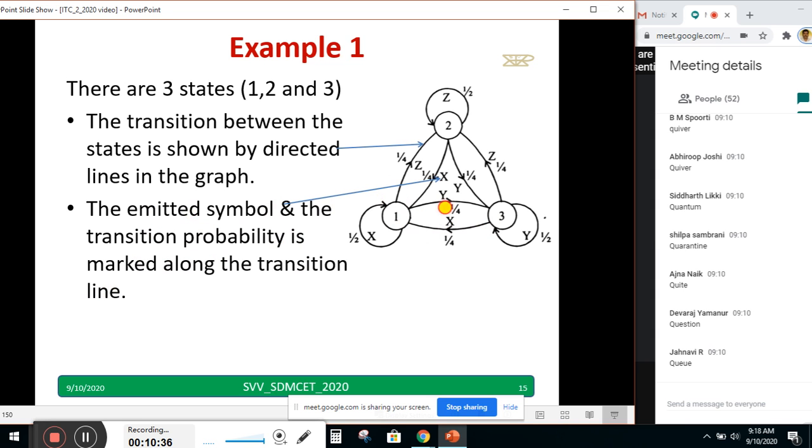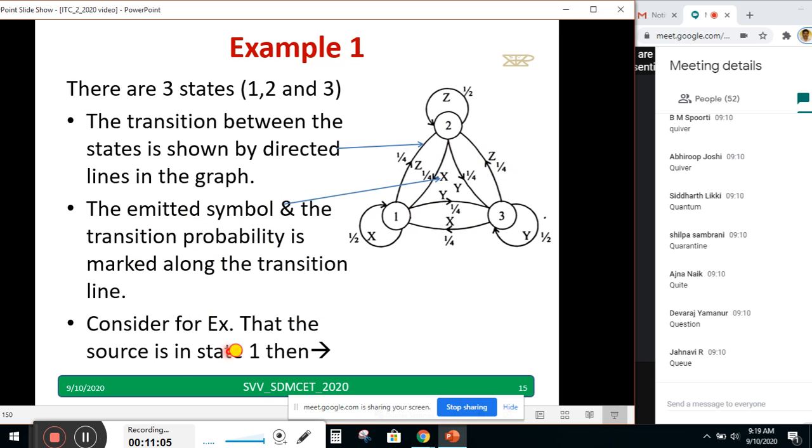For example, in this case, there is a transition from state 2 to state 1. The probability is 1 by 4 and the symbol emitted is X. I will take another example. From the third state, there is a transition from 3 to 2, the symbol generated is Z and the probability is 1 by 4.